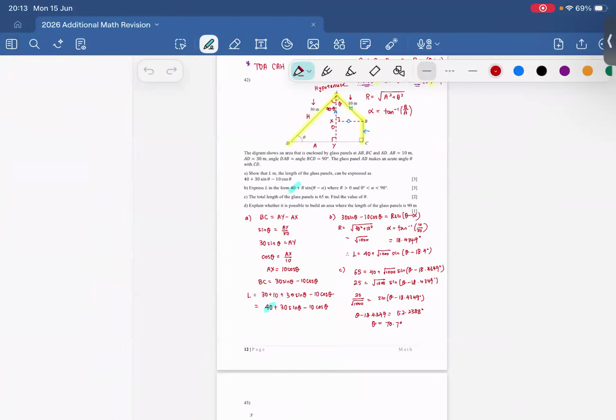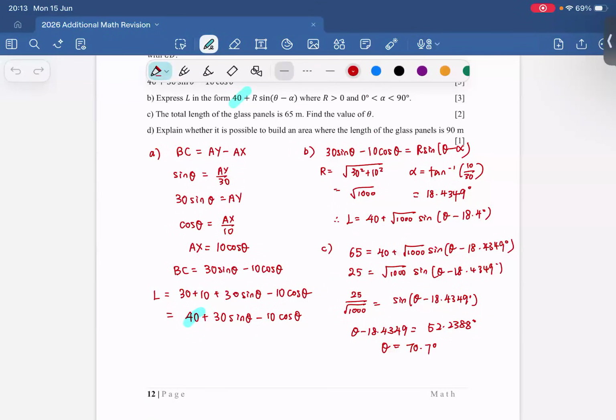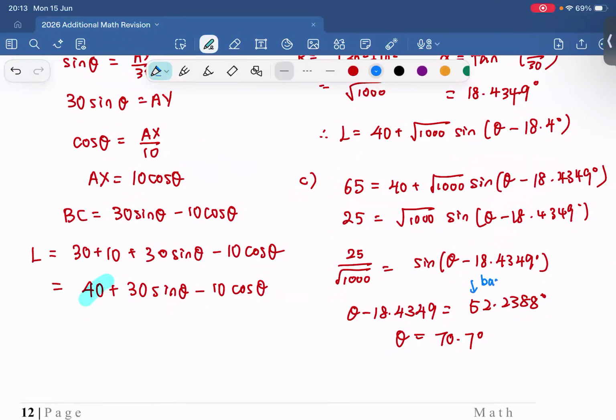Okay, by right, if you were to do your basic angle, then this is your basic angle. Then this is positive, so you consider first and second quadrant. Your second quadrant will tell you that this is equal to 180 minus your basic angle.